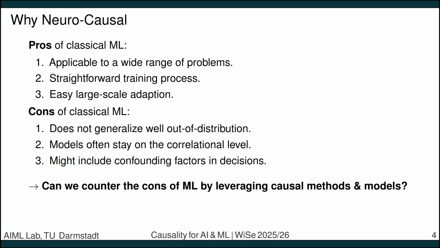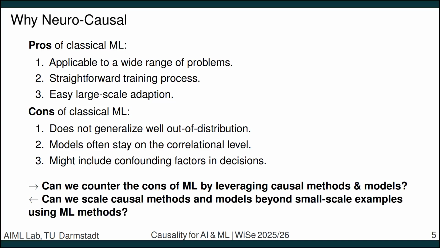So the question in this lecture is then, how can we counter these cons by leveraging causal methods and models? And maybe can we also scale causal methods beyond the small scale examples that we saw before? That doesn't necessarily mean that we now scale to thousands of variables. We will also see that.